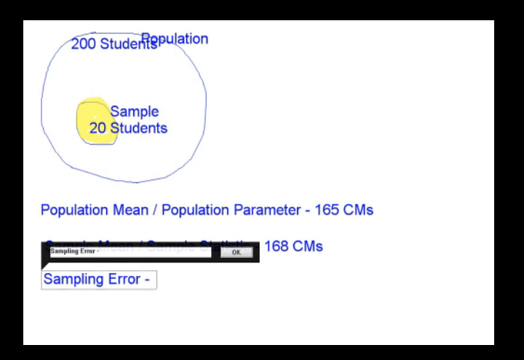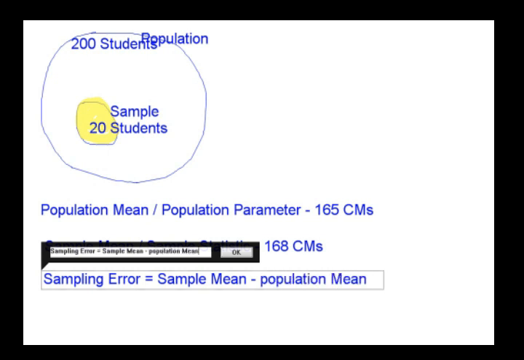Alright, so sampling error is nothing but sample mean minus population mean, or it can also be calculated as sample statistic minus population parameter.